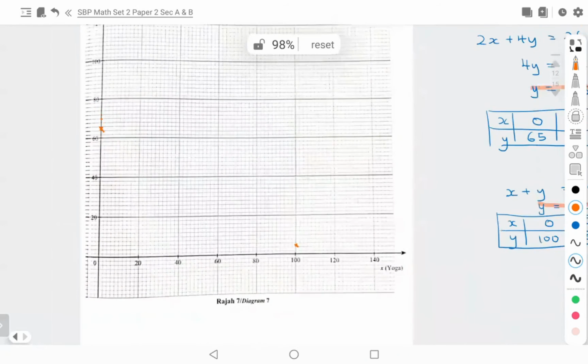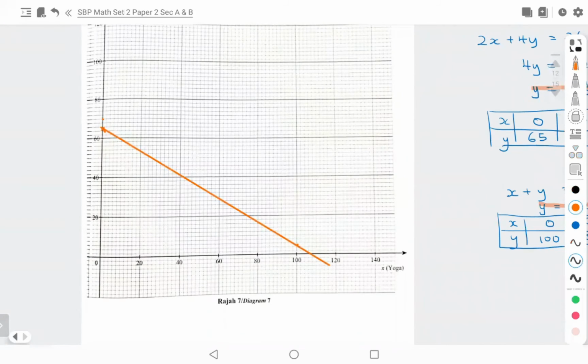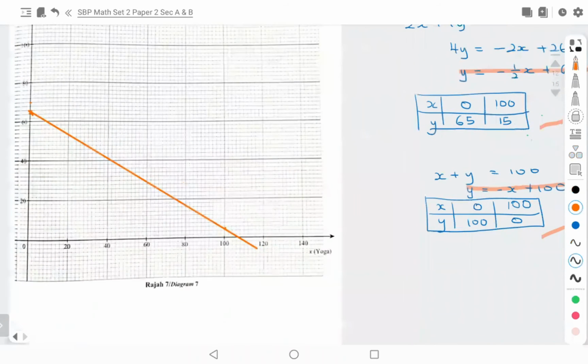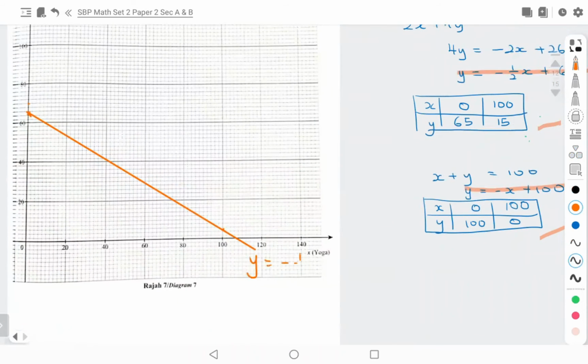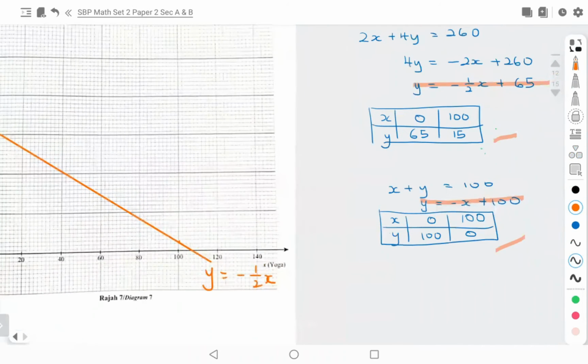Then we draw the line. Use a ruler. Okay, cross. Okay, make it longer. So we can write this one as y equal to negative 1 over 2 x plus 65.